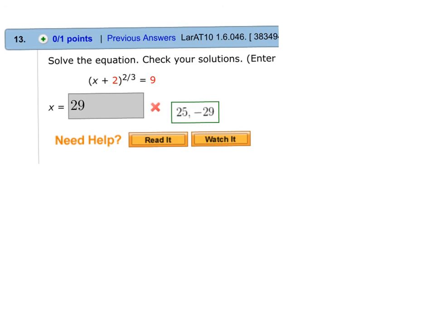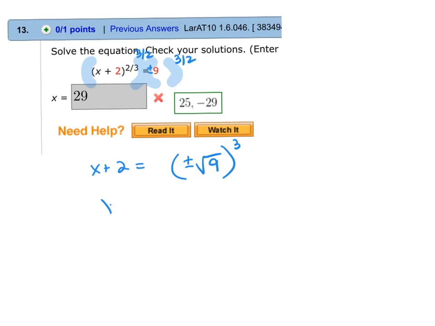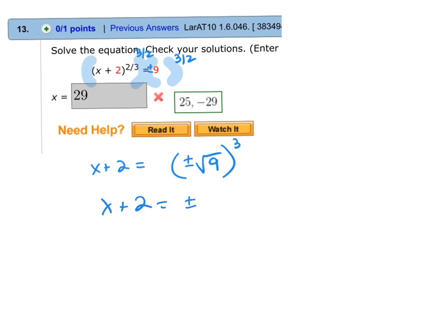All right, here's 13. So (x plus 2) to the 2/3 equals 9. So again, I want to raise both sides to the 3/2. And because I'm square rooting something that was squared, I have to put a plus and minus here. So I get x plus 2 equals plus and minus the square root of 9 raised to the 3rd power. x plus 2 equals plus and minus 3 to the 3rd power.